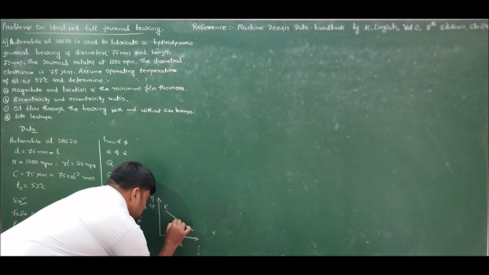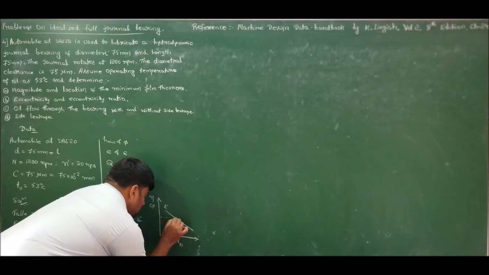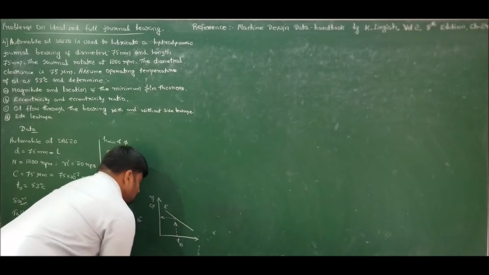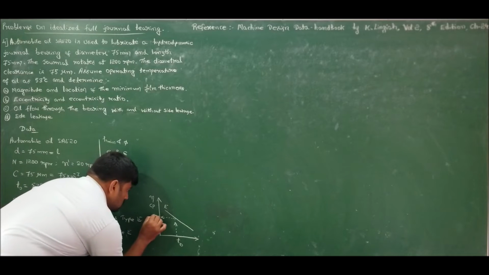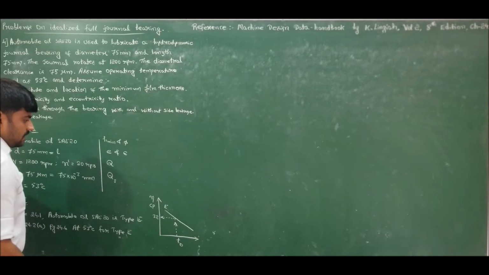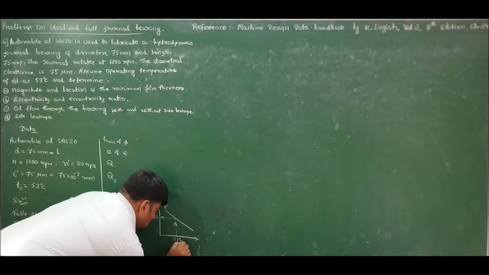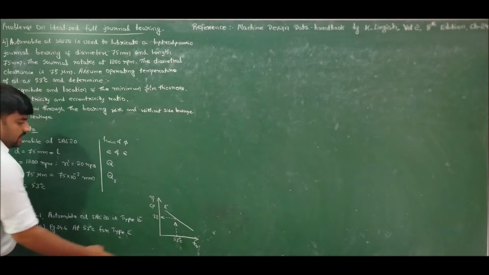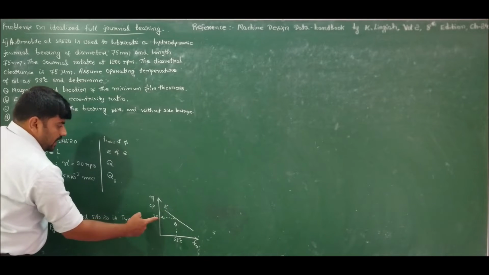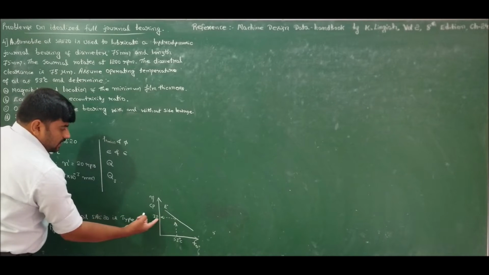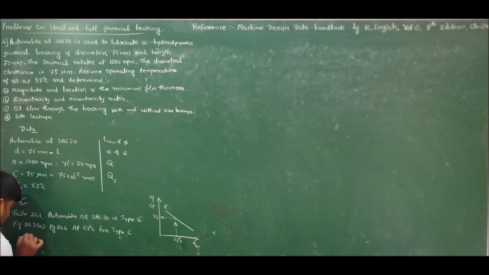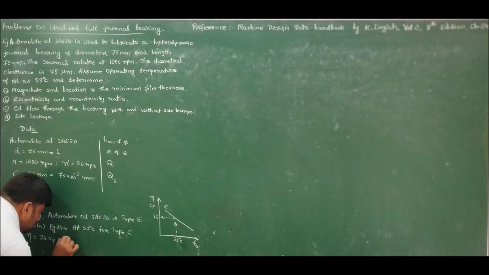At 53 degrees Celsius, if I intersect the type E curve and come horizontally to the y-axis, I find that eta, the absolute viscosity, is 32 centipoise, which is nothing but 32 into 10 to the power of minus 3 Pascal second.